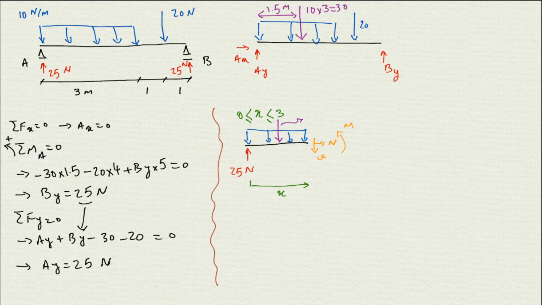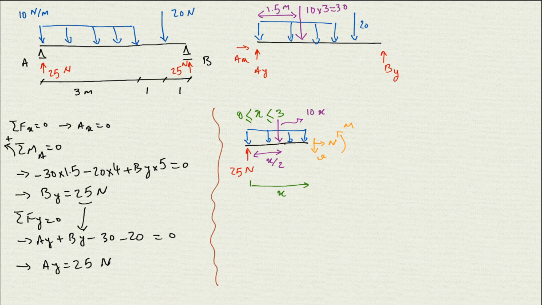The magnitude of that is the area underneath of that distributed load, which is 10 times x, so 10x is going to be the magnitude, and the distance of that force up to here is x over 2.